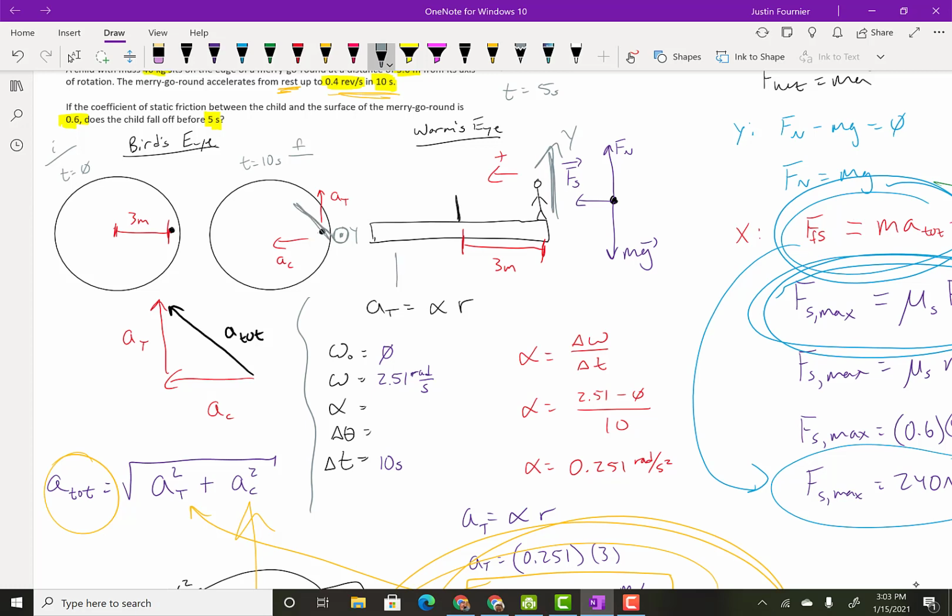It's still making a perpendicular y-x shape, but the positive x-axis is going this way, along the total acceleration. That would be the direction also of the static friction force. So it's not directly pointing into the center. It's pointing off to the side there.